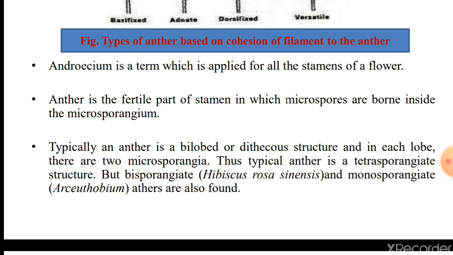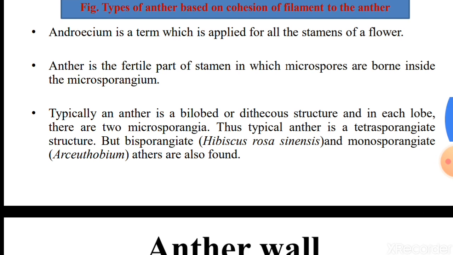And there is one plant named Arceuthobium, which is known as the smallest angiospermic parasite, in which there is a monosporangiate anther. That is, there is a single microsporangium inside the anther.